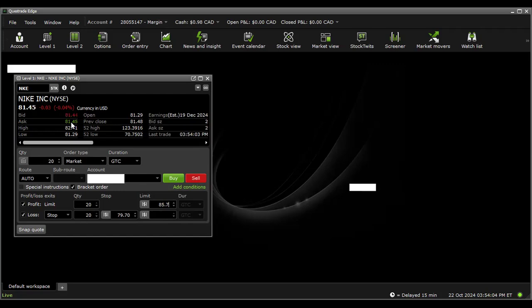We are using our market price of 81.7, and that's it. You can now hit buy and wait for things to work out. This one you don't even have to monitor. You just go, come back and check. If it's a loss, you lose $40. If it's a profit, you make $80. And that's it.